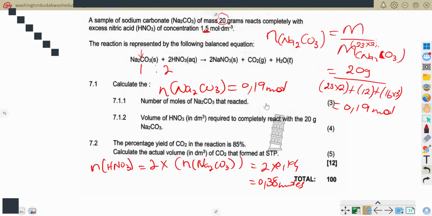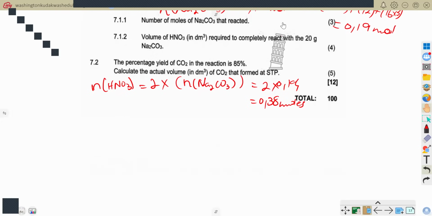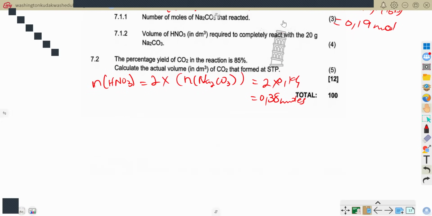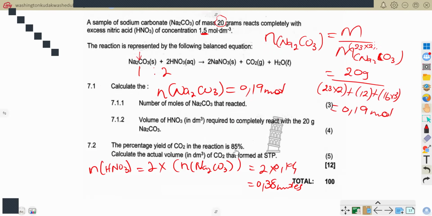Since I now have the number of moles for nitric acid, I will just need to calculate the volume for that nitric acid. How can I calculate the volume in decimeter cubed, knowing the number of moles as well as the concentration? Mind you, I was given the concentration for nitric acid here.